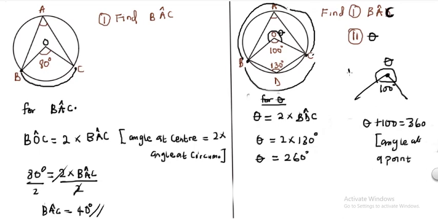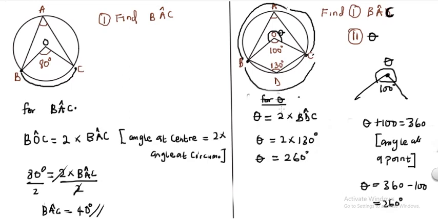This is method 2 of solving this. So theta here is equal to 360 minus 100, which will be 260 degrees. So you can think of this as method 1 of finding theta and method 2 of finding theta.